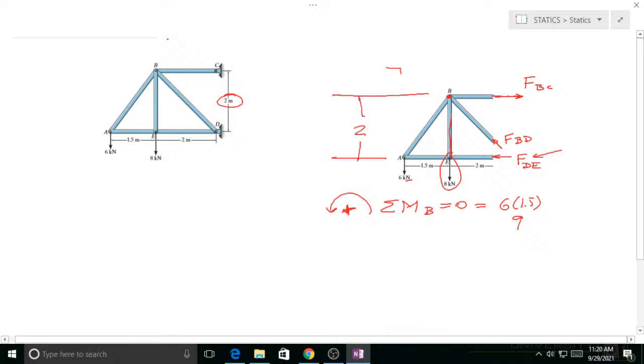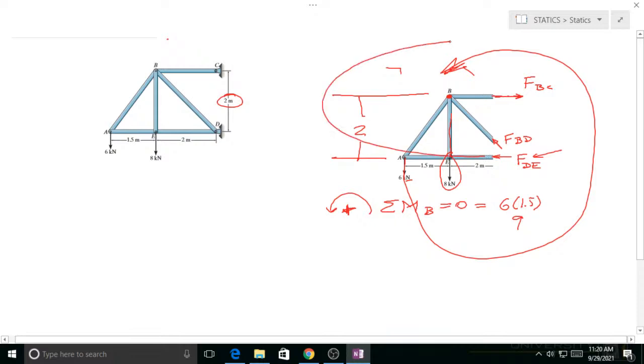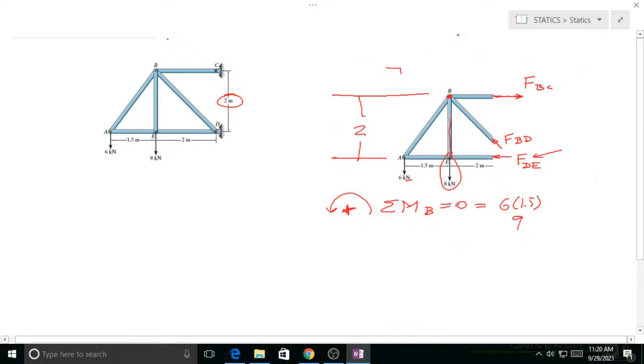So, again, this one produces a moment in that direction about B. This one produces a moment about that direction, B. So, in fact, that's a plus and this one's a minus. FDE times the moment arm of 2 gives me FDE equal to, move the 9 over and drop the 2 underneath it, and I get 9/2, or 4.5.